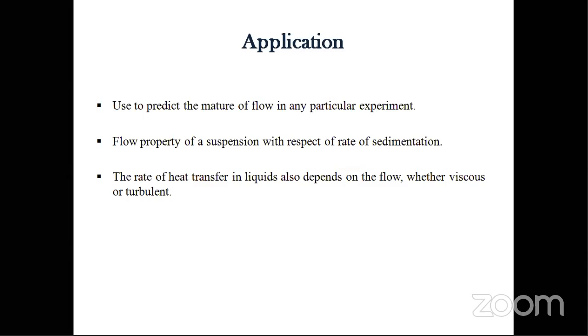You add some amount of dry powder, stir, and make the suspension. So this is suitable in the case of suspensions. And the rate of heat transfer in liquids also depends on the flow, whether viscous or turbulent. I already showed this in the mixing chapter, with the hot jacket and the cool jacket.